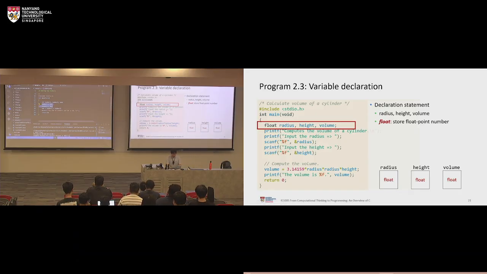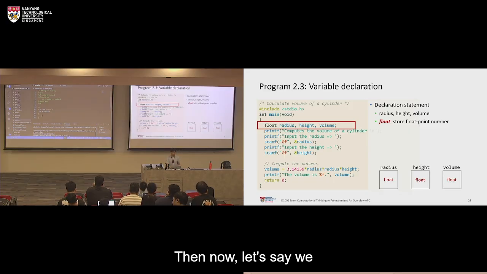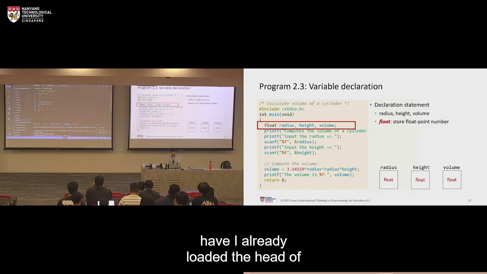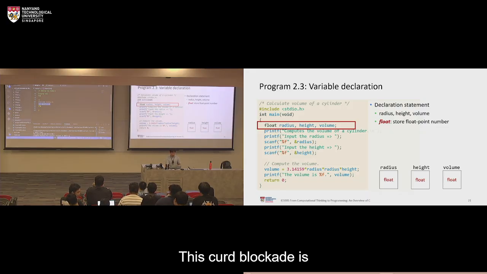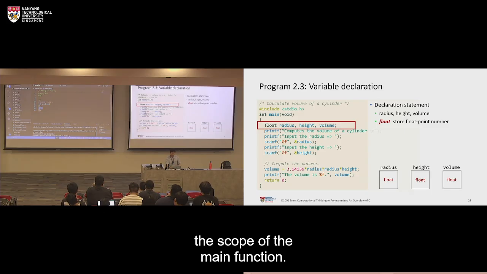Okay, now let's say I already loaded the header file and defined the main function, integer main void. And this curly bracket is the scope of the main function.